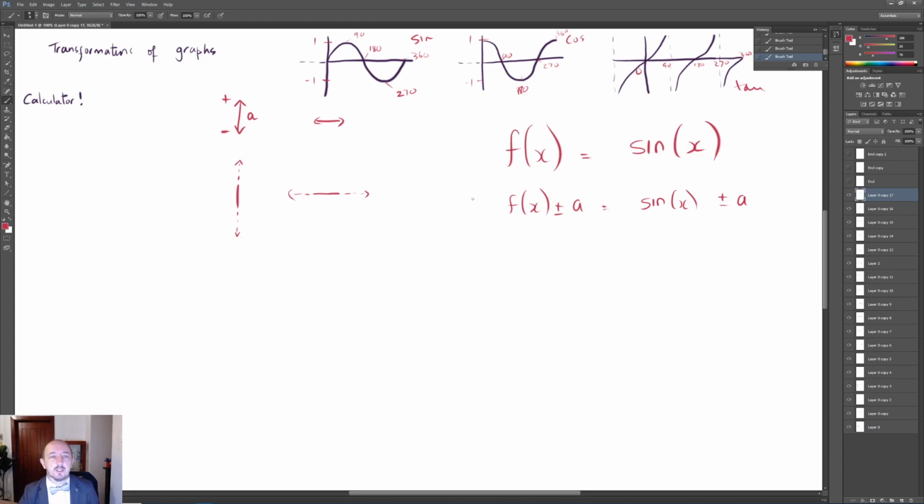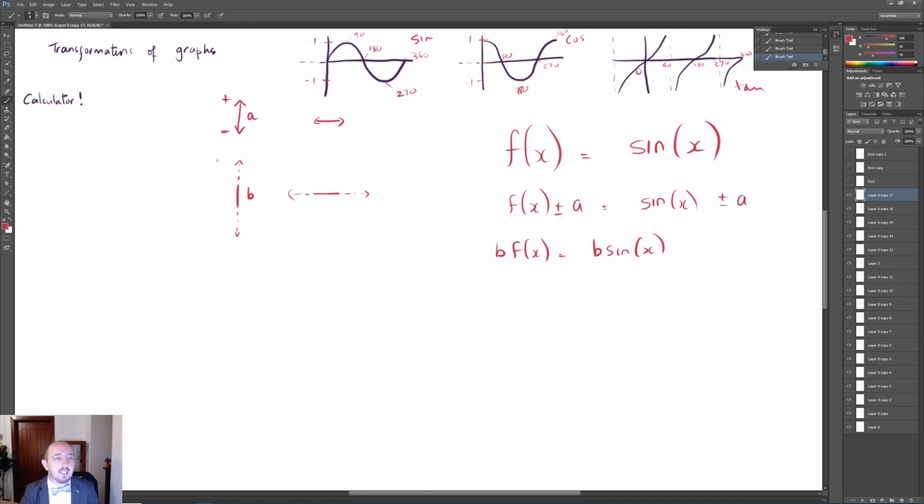If I put my b, let's use b here. Let's do b f of x. So something like b sine x. That could be a 2 or a 3. Then that will stretch the graph in the y direction. So 2 sine of x will be like sine x, but it will go double the height of the original graph. Same number of waves.